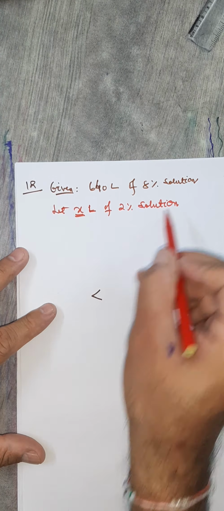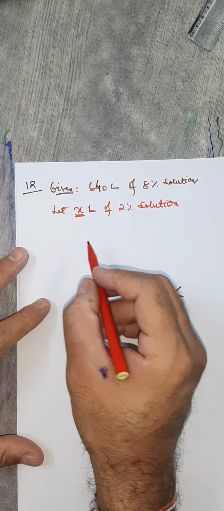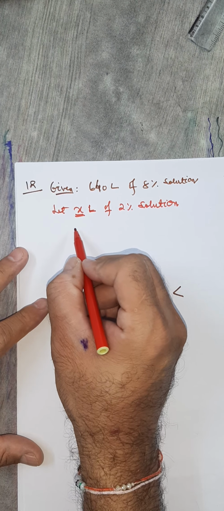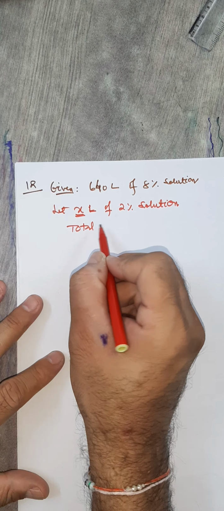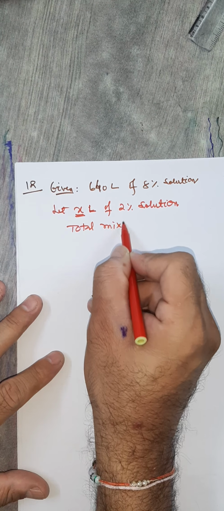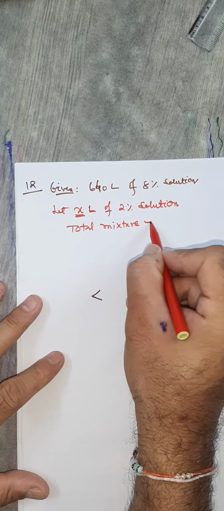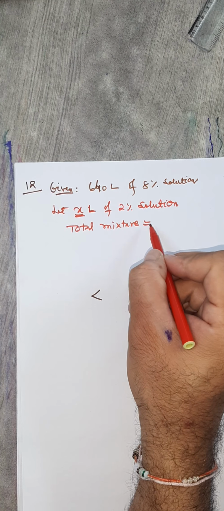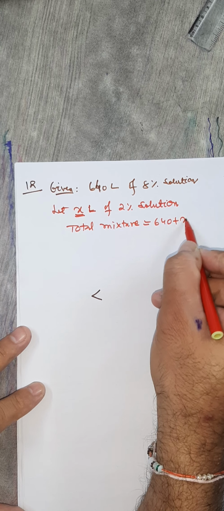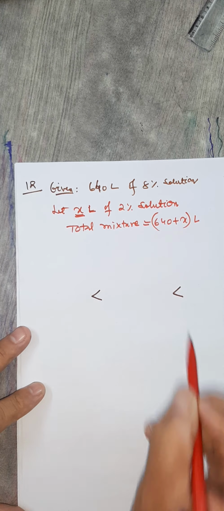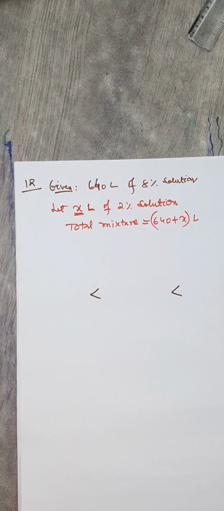X liters of 2% solution should be added. So what will be the total mixture? Total mixture would be 640 plus x liters.